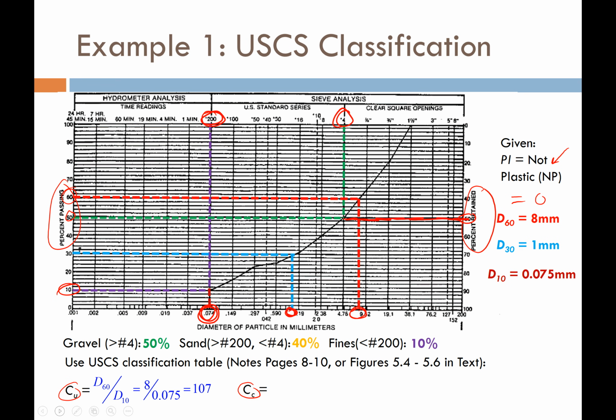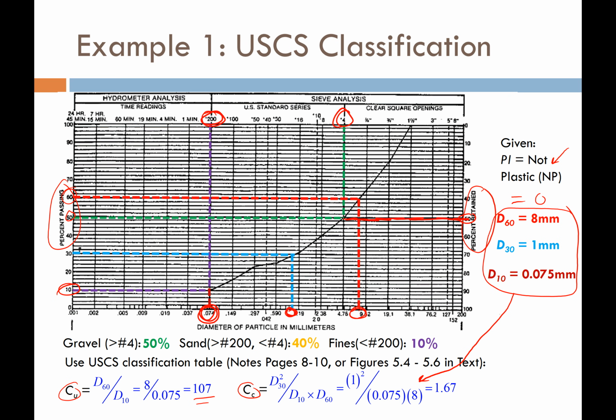Okay, so now the uniformity coefficient, like we talked about earlier, D60 divided by D10, I get 107 for that. And my coefficient of gradation, D30 squared divided by D10 times D60. All I'm doing, guys, is plugging these numbers into these equations. That's it.